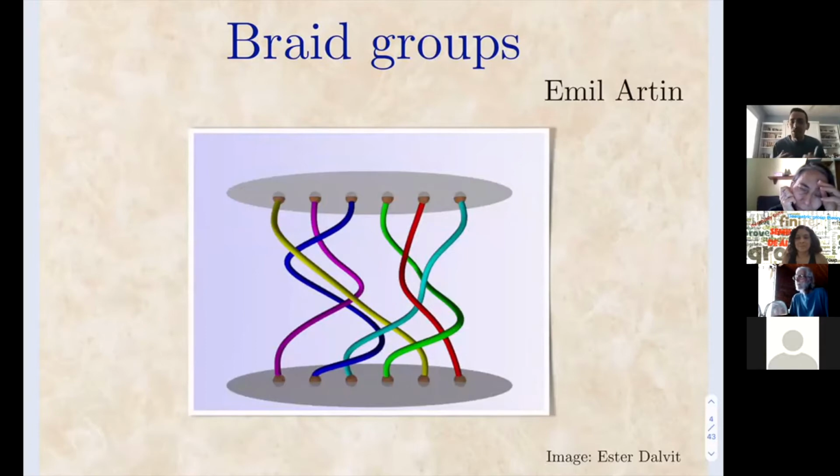So braids are recording different ways that points can move around in the plane. Those points can be particles in physics, or robots on a factory floor, or roots of polynomials, or whatever you want. And so that's why braids show up everywhere. Any question on the definition? These are the objects we'll be talking about. So please stop me if you have any questions.